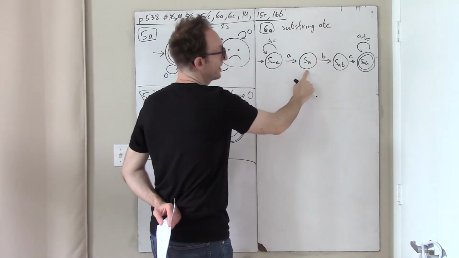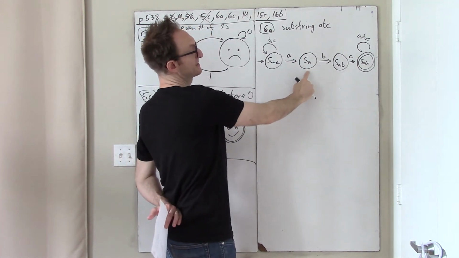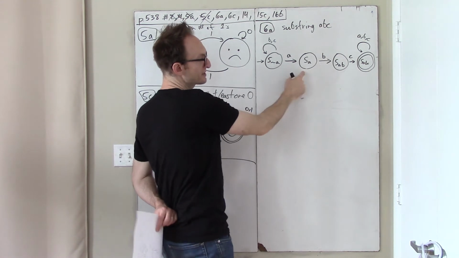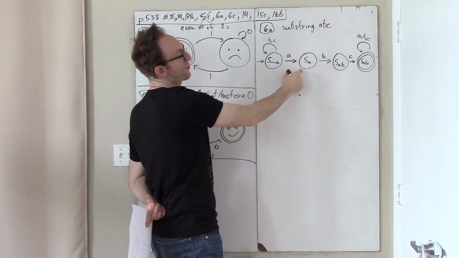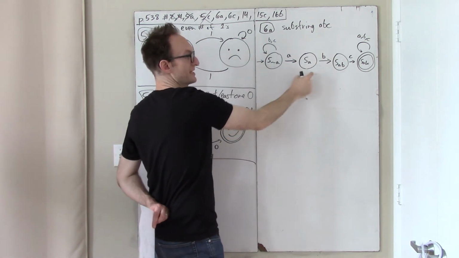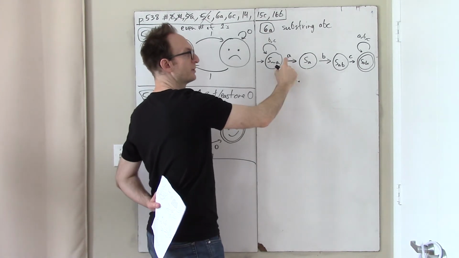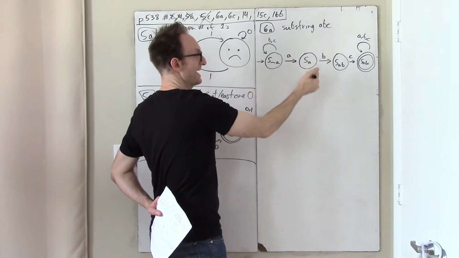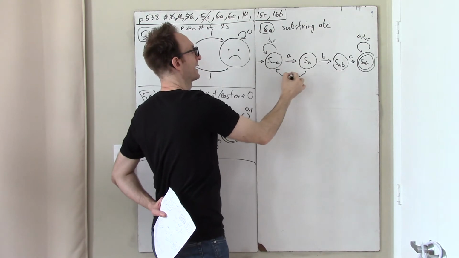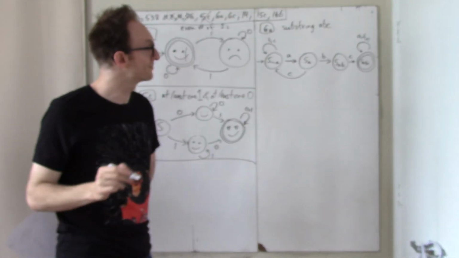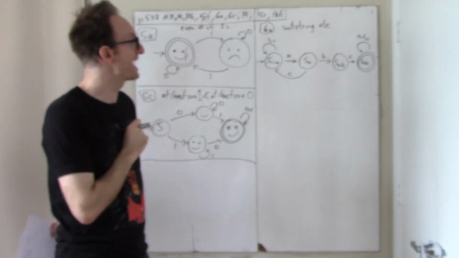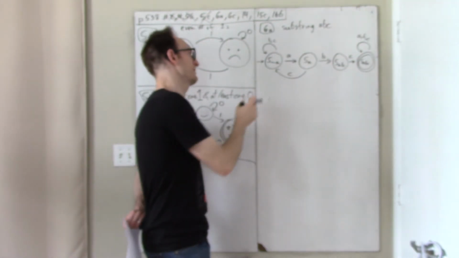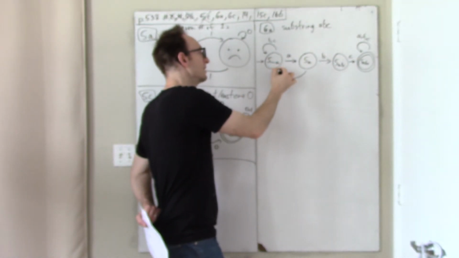What if I am here and I receive a C? Well, if I'm looking for the substring ABC and I made 1/3 of the progress towards that, but now a C comes, well now that A is useless. And so I now have to go back to the state of my previous character was not an A. I guess it's actually more general than that.